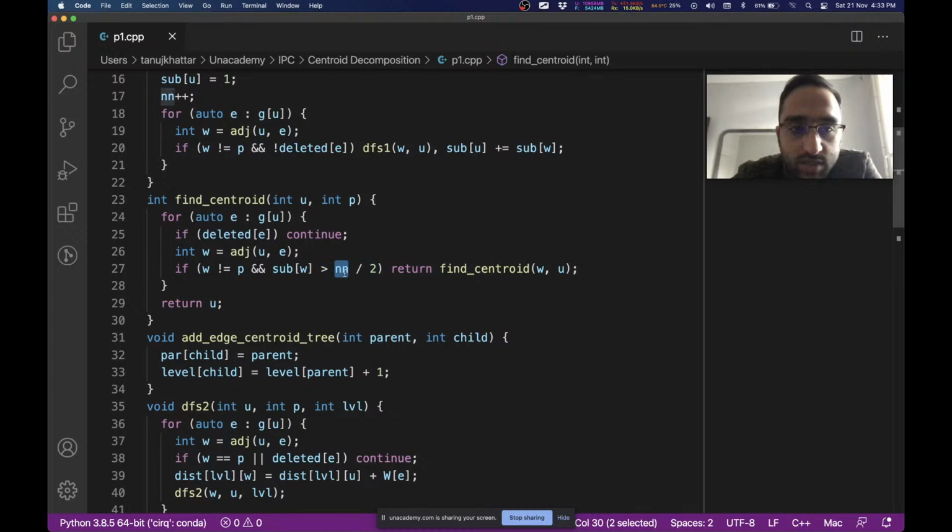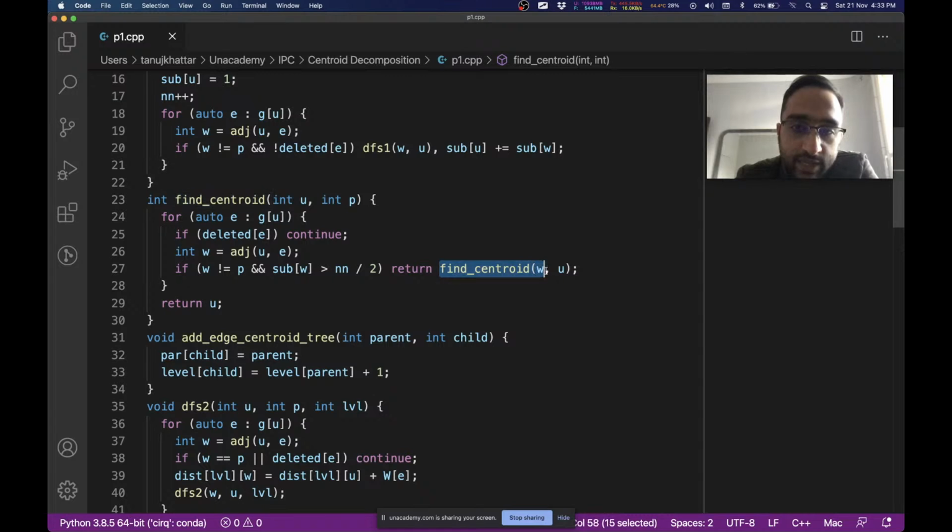Here I'm doing nn by 2 because the nn represents the size of the tree on which we are currently doing centroid decomposition. It could be a subtree in the recursive call as well, right? So I check whether the subtree size of w is more than nn by 2. If it is more than nn by 2, it means that the centroid lies in the subtree w.